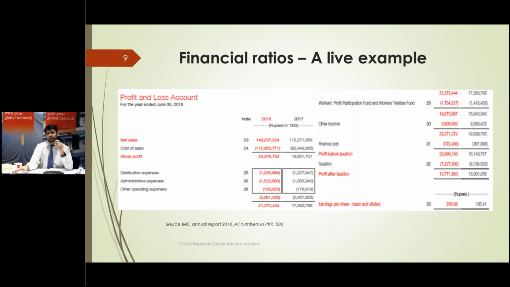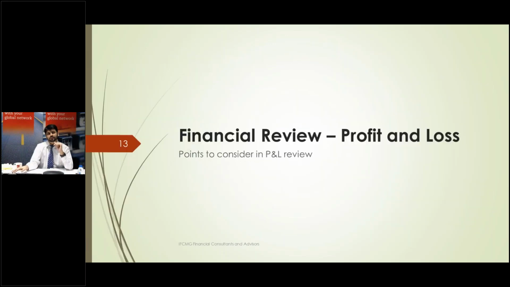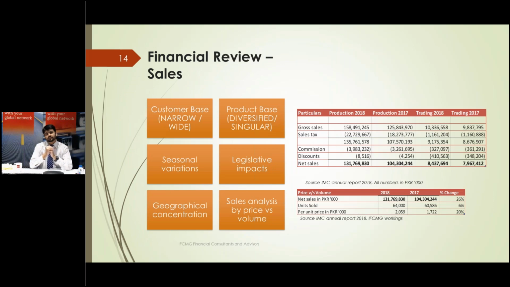So our net sales are 140, but the gross sales were pretty much higher. Gross sales are 131. Sorry, this is a net number, but the gross sales were much higher. So these are actually disclosure requirements that companies must abide by.